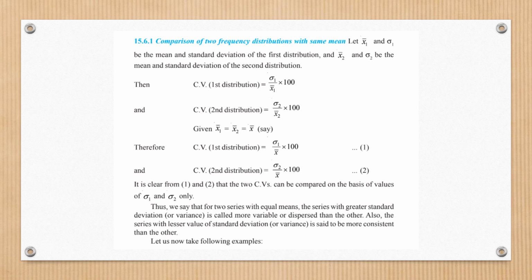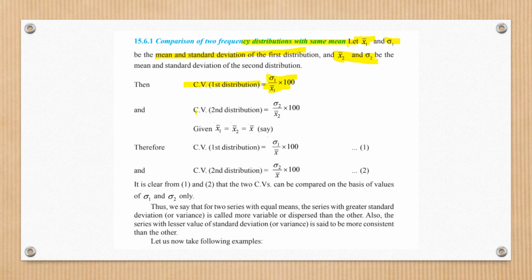Now, comparison of two frequency distributions with the same mean. Generally, say two distributions are there, where x1 bar is the mean of the first and sigma 1 is its standard deviation, and for the second, x2 bar represents the mean and sigma 2 the standard deviation. We calculate the CV for the first distribution using sigma 1 upon x1 bar into 100.